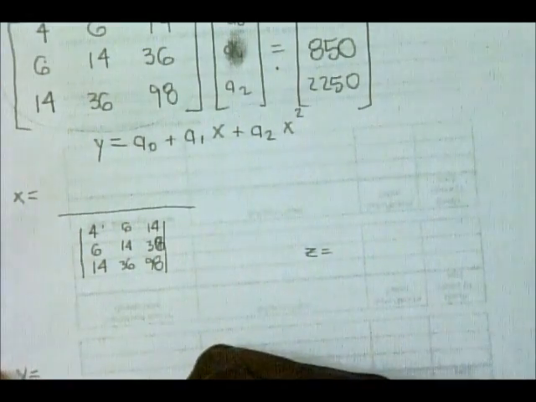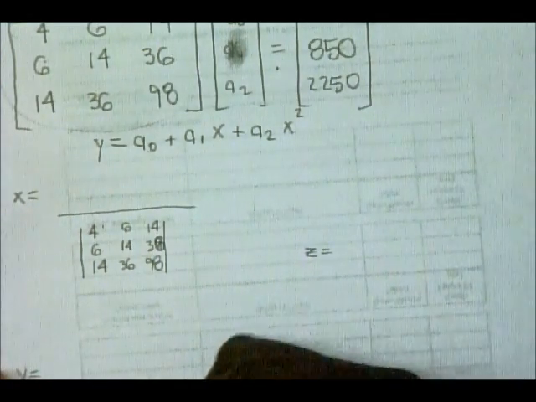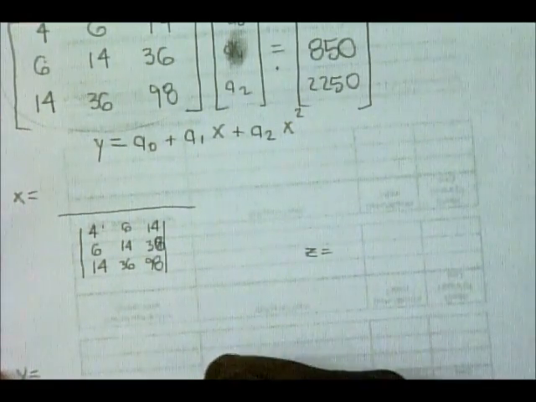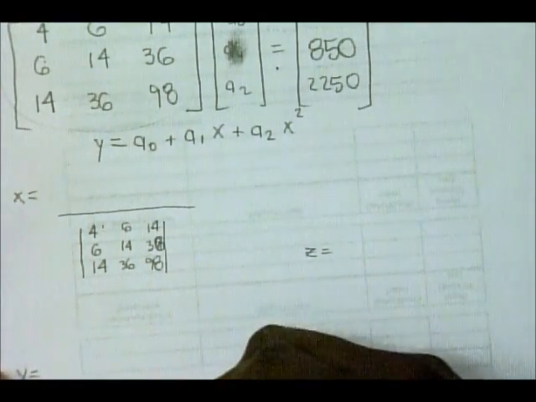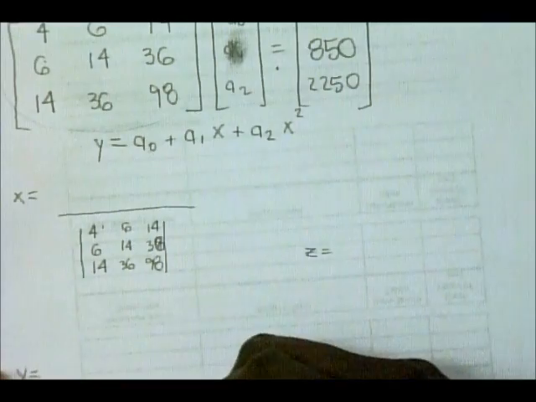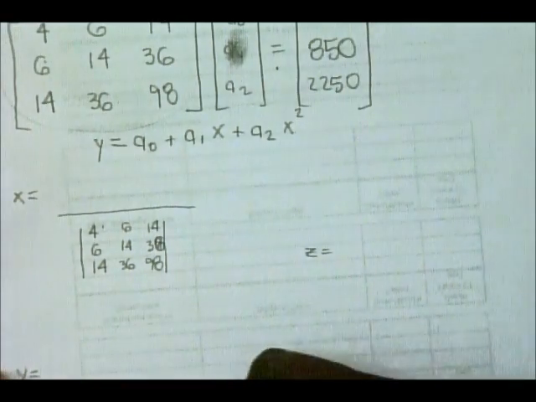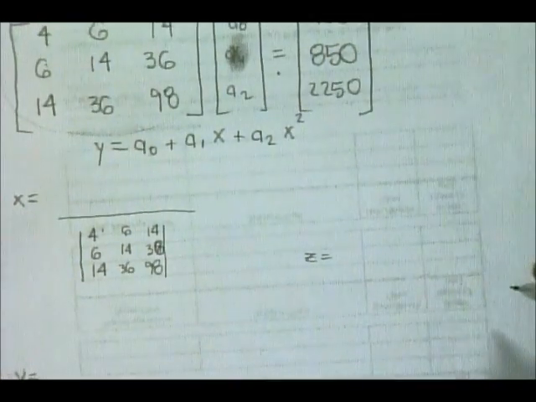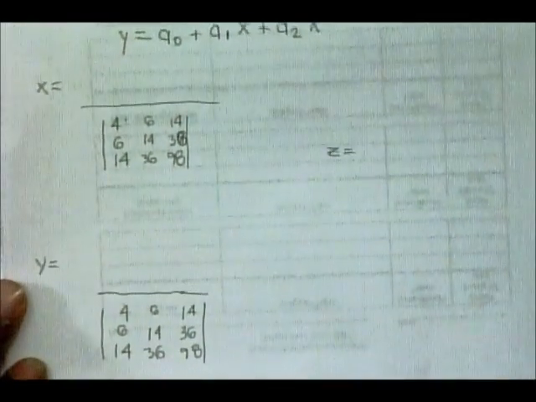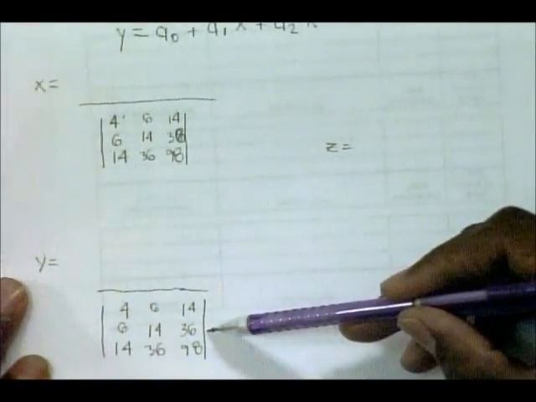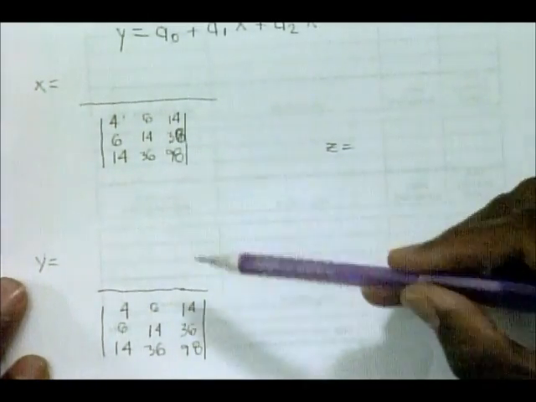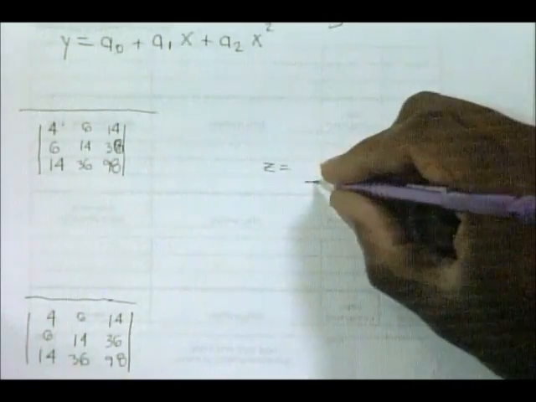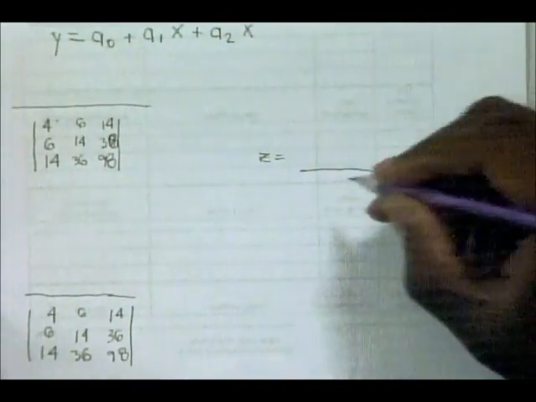4, 6, 14, 6, 14, 36, and 14, 36, 98. That would represent the denominator. Only thing I did was rewrite the same matrix that I have here, down here. And we're going to do the same thing over here. All of the denominators are the same.